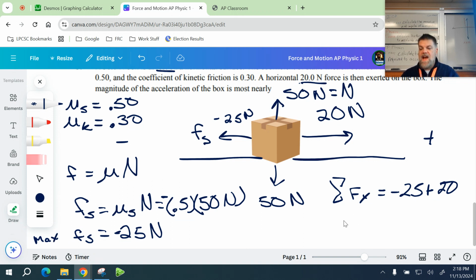So the velocity then would be what? What I'm saying is that this force here would have to be greater than 25 in order to pull it. Let me write that in a different way. So in order to move this box, I'd have to pull with a force greater than 25. So the velocity then is most likely 0 meters per second.